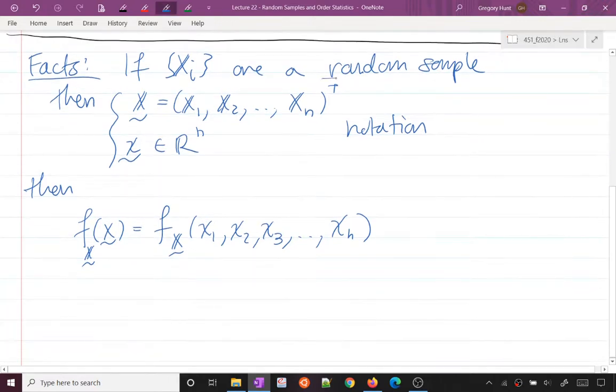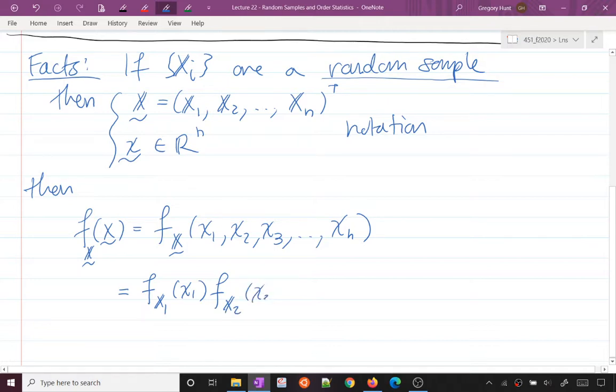If these things are from a random sample, what do we know? Well, first of all, we know that they're independent. So because my random variables are independent, I can factor this joint PDF as the product of all of the marginals.